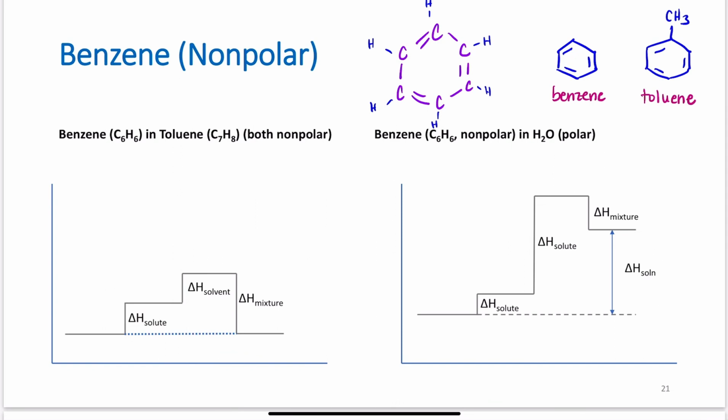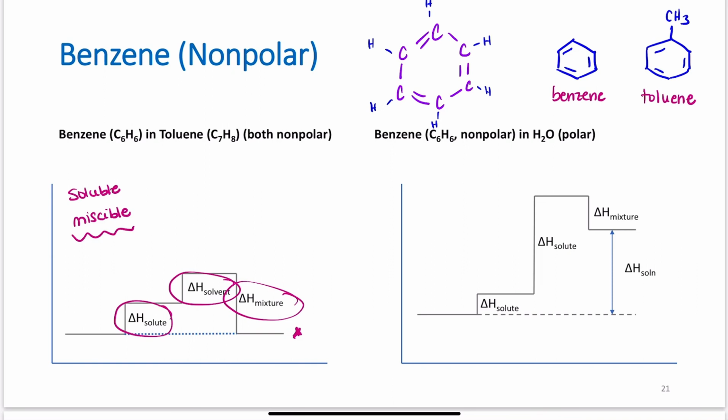Overall, there's no delta H of solution. It's just miscible. Delta H of solute, delta H of solvent, delta H of the mixture. There's no change in energy here. This is soluble, or miscible, meaning that they will mix in all ratios.